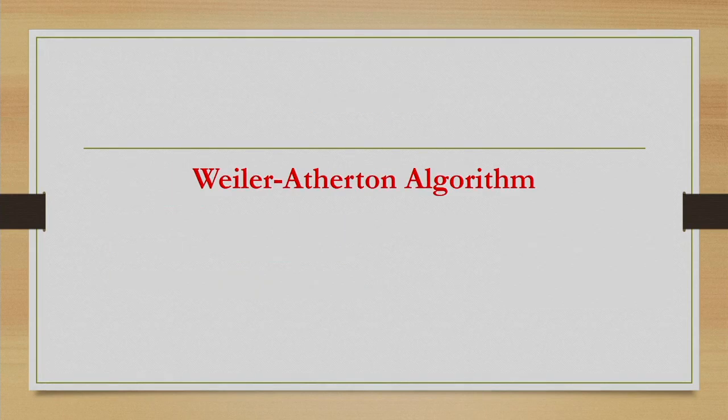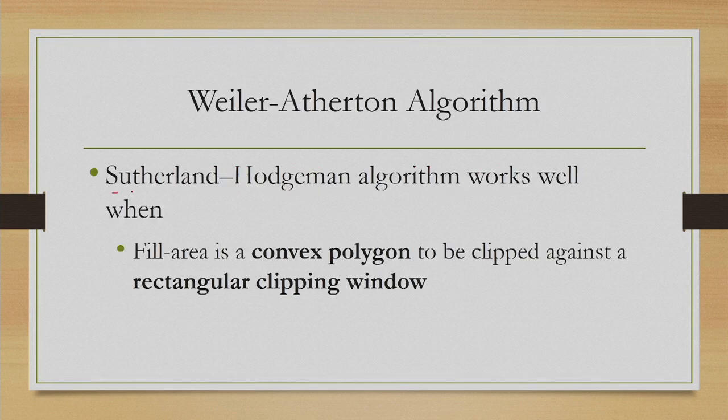Now, let us move to our next algorithm, that is the Weiler-Atherton algorithm. The Sutherland-Hodgeman algorithm that we just discussed works well when the fill area is a convex polygon and it is to be clipped against a rectangular clipping window.